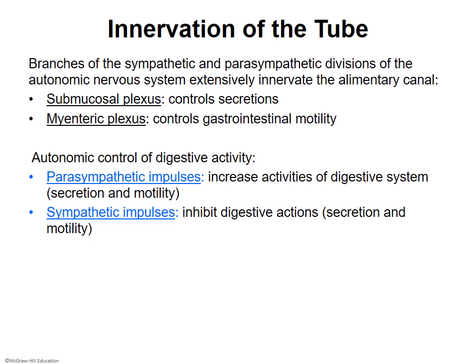Now, we also have two forms of innervation here. We have the sympathetic and parasympathetic innervation. And so parasympathetic innervation is going to be stimulatory.